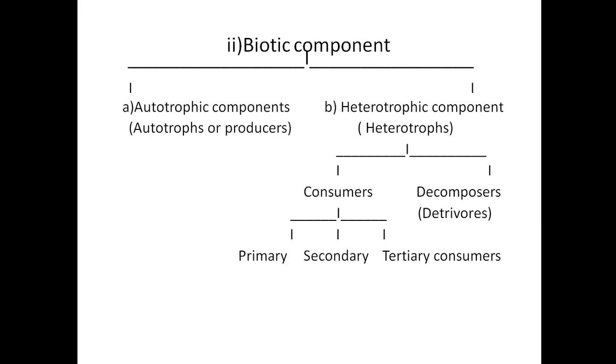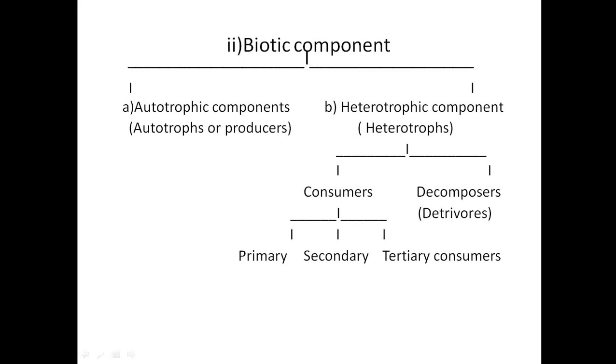Now biotic component, you can see that it is divided into two: autotrophic component and heterotrophic component. So trophic is the nutritional requirement. Auto means self. So the autotrophic components include the autotrophs or the producers.